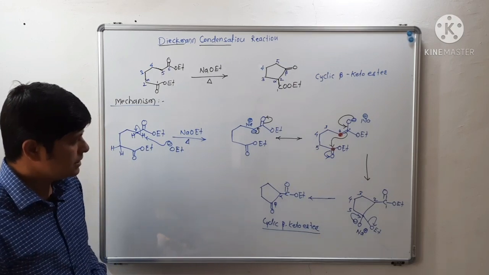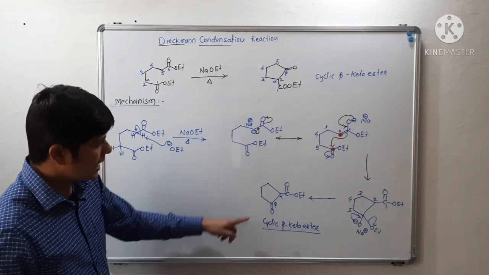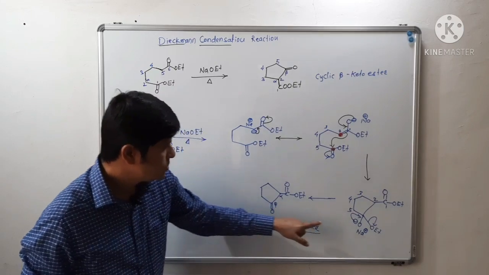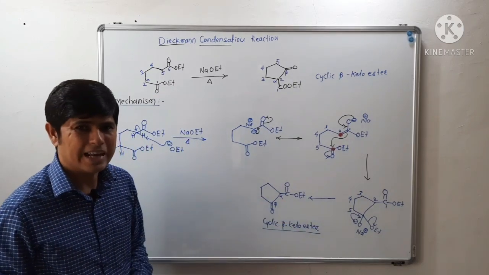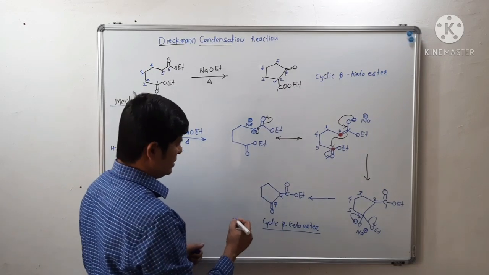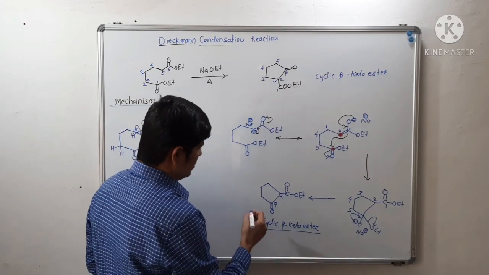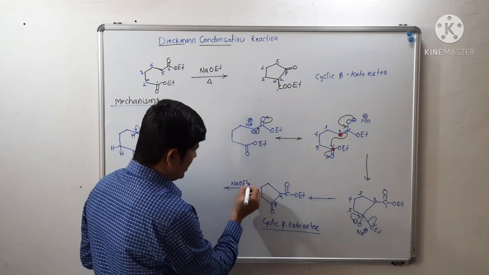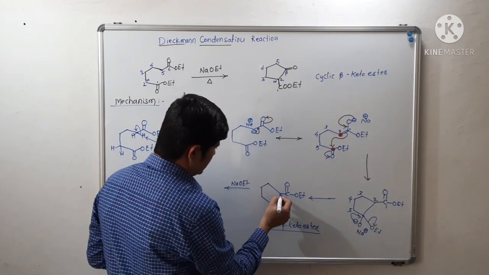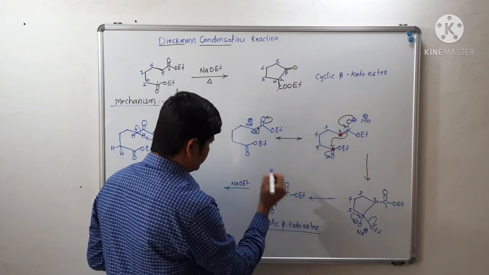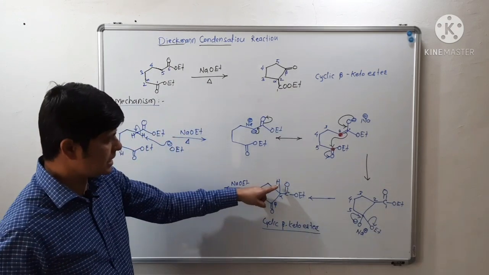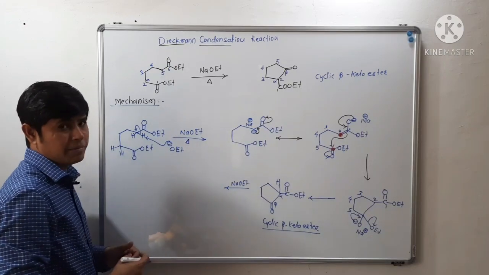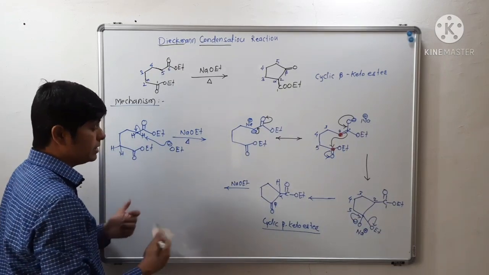See, as it is a sodium salt, this reaction we are carrying out in sodium ethoxide. There will be one more step: sodium ethoxide will abstract this alpha hydrogen, as the reaction is in sodium ethoxide medium, in alkoxide medium, in basic medium.